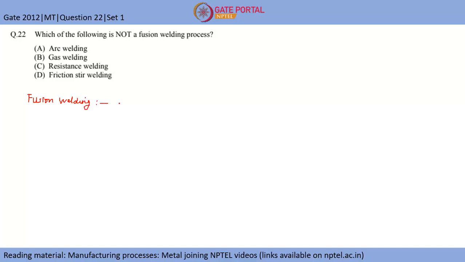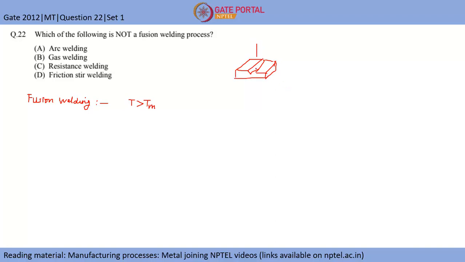Fusion welding is a process where the temperature in the process is greater than the melting point of the material. Basically the electrode is melting and getting bonded. Let's say we have two different workpieces and we need to bond them.